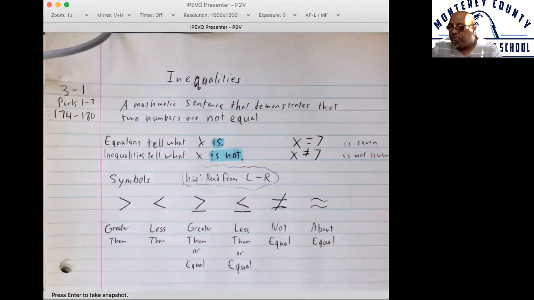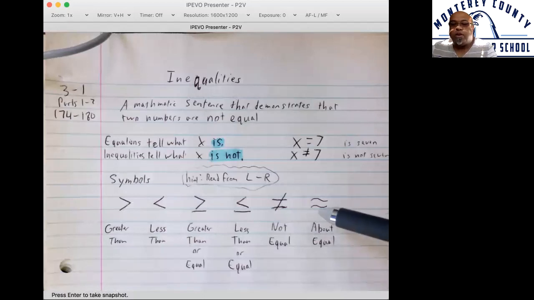Okay? So basically, about equal is really not used so much in inequality lessons. It's used to say that to write the exact number may take too long or may be impossible. So therefore, we're going to write an estimated number. Okay, so this implies estimation.